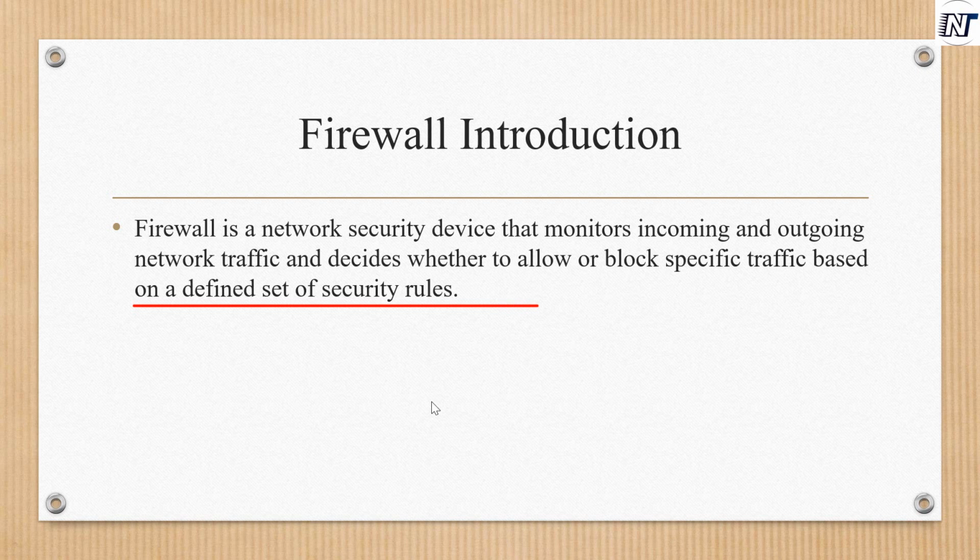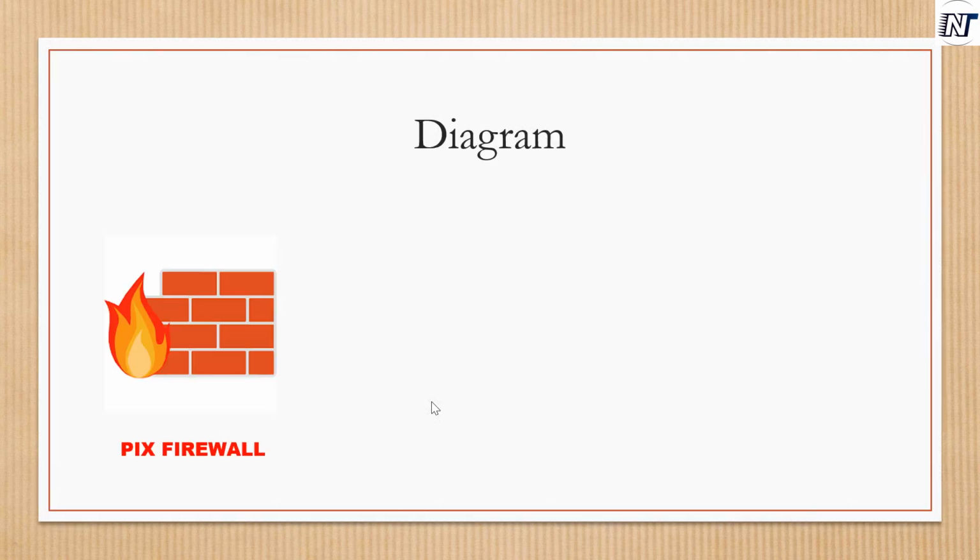So now the question is where this ASA firewall evolved from. Cisco initially had their first firewall product, called the Private Internet Exchange or the PIX firewall. In the 90s they came out with this product.